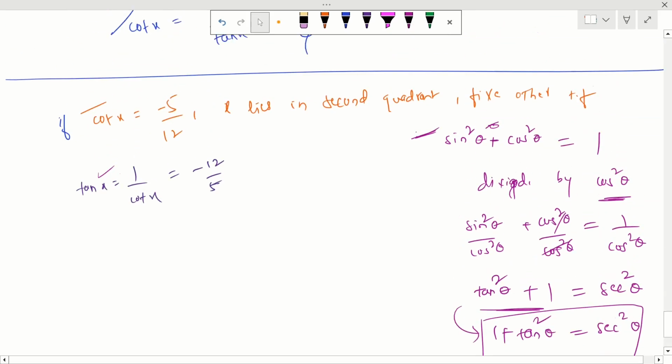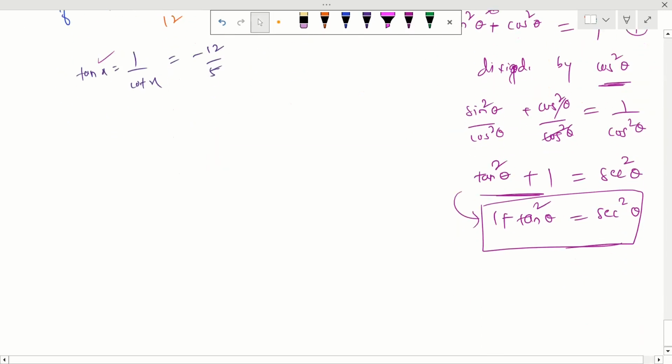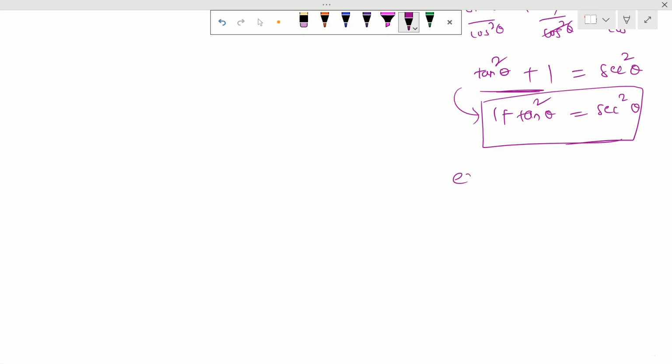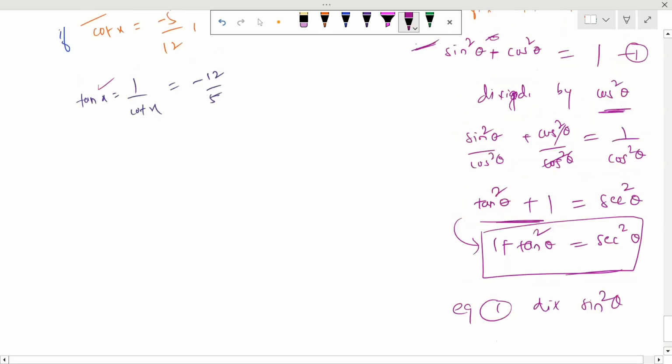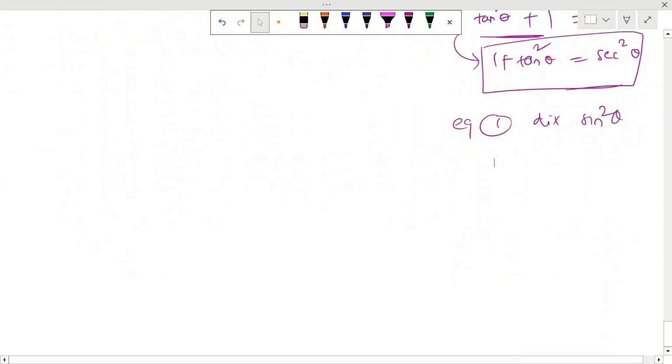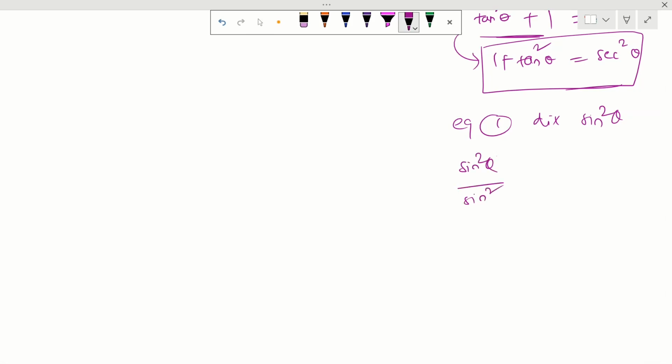And this equation, if we divide by sin square theta on both sides, then sin square theta divided by sin square theta, cos square theta divided by sin square theta, and 1 divided by sin square theta.